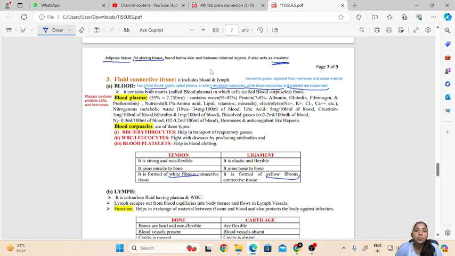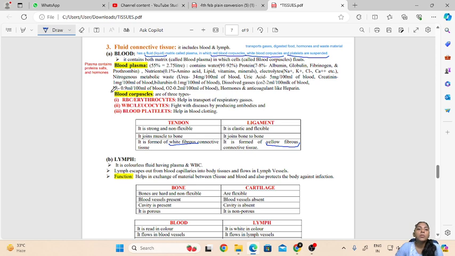So blood is composed of red blood cells, white blood cells, platelets, and all these cells are suspended in the matrix called plasma. Red blood cells are also called RBCs, white blood cells are also called WBCs.